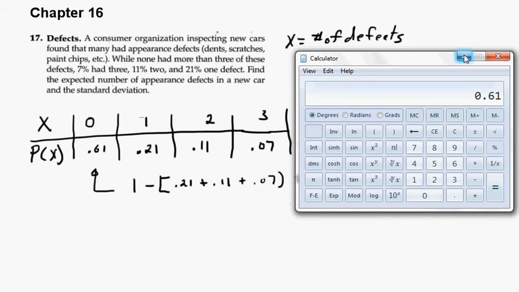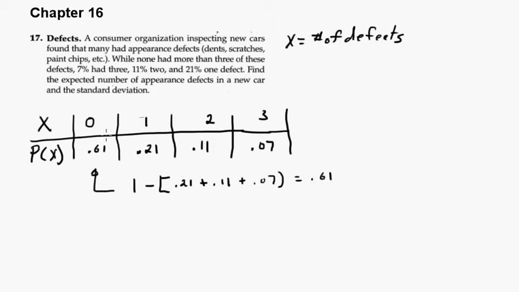There it is, proof. Okay, so now we have our probability model, and it says find the expected number of appearances. So that would be the mean. The expected value of x, I always like writing this notation out, is the sum of the outcomes times the probability of each outcome.